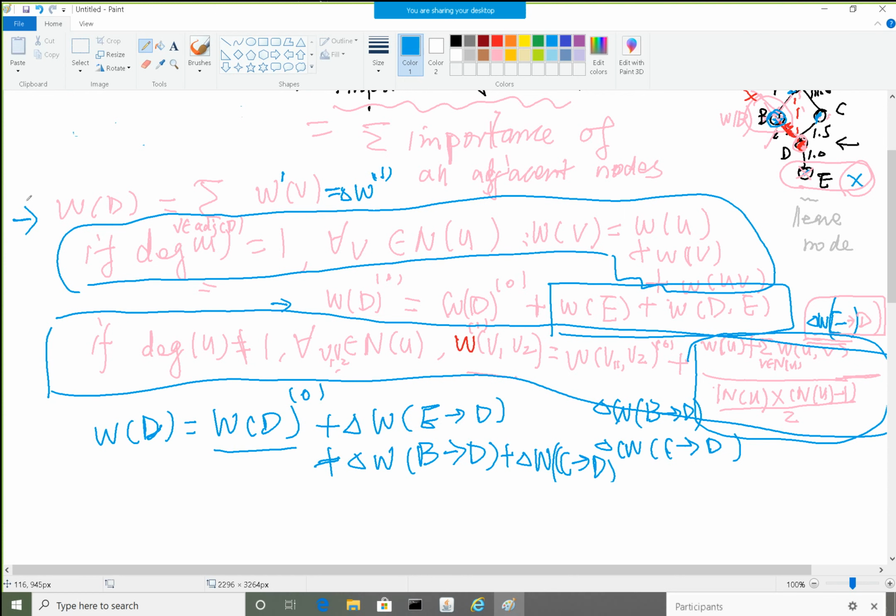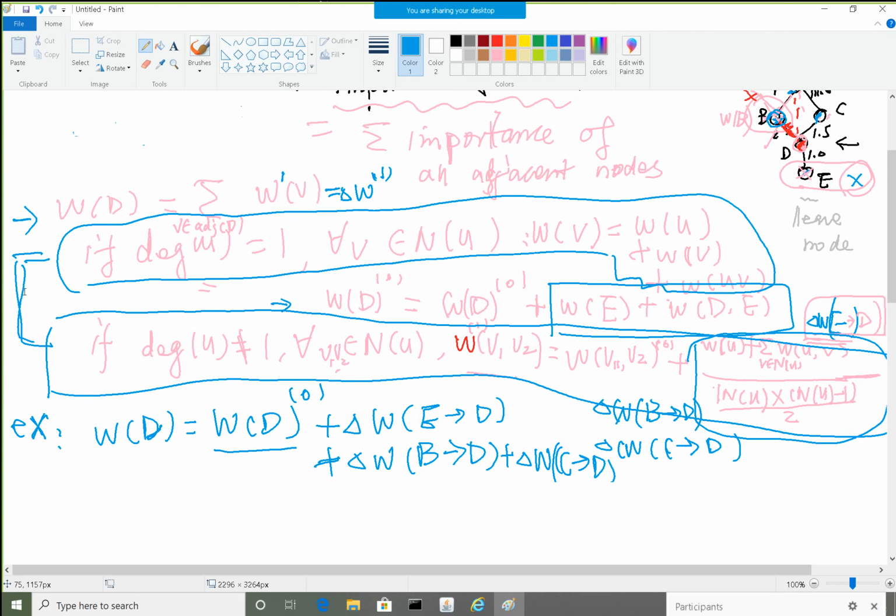These two together are the formula for calculating the contribution from adjacent nodes. Just like if that is D, we want to calculate D. This is an example. Okay? Can you see that?